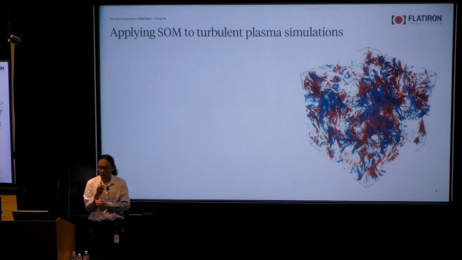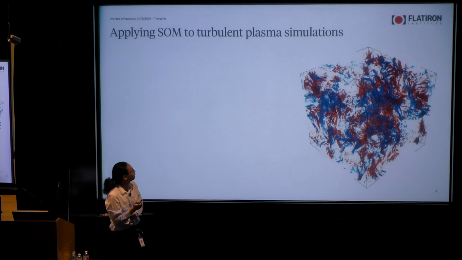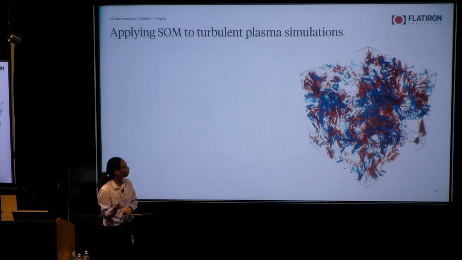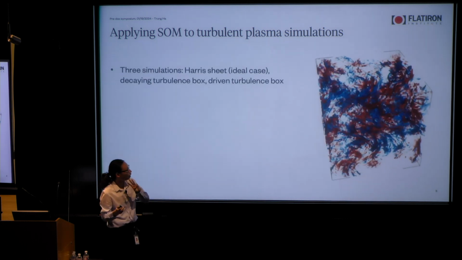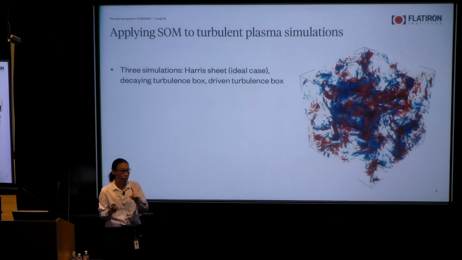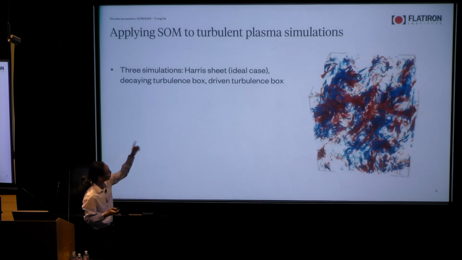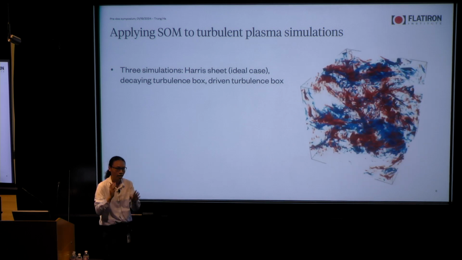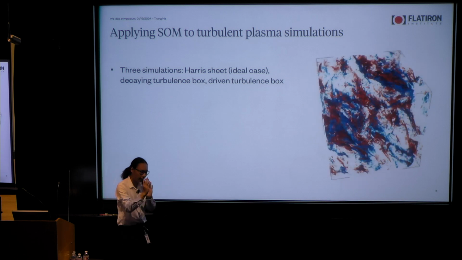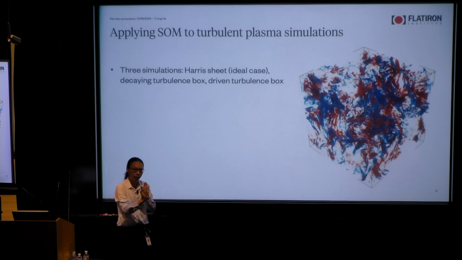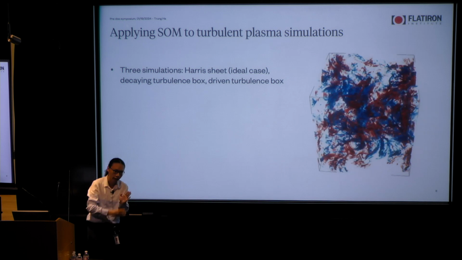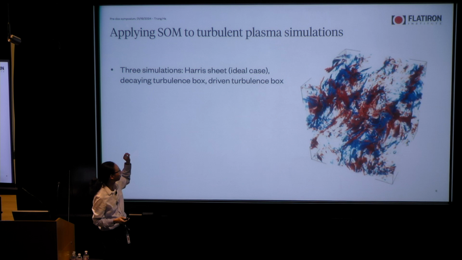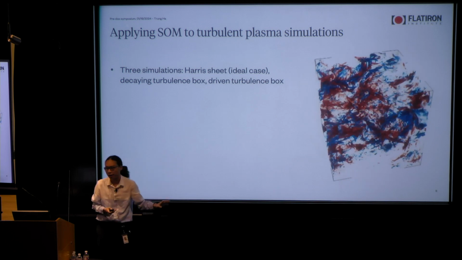Okay, so we apply this SOM method on a variety of plasma simulations. We have three training data sets. We have a Harris current sheet simulation, which is the ideal case of just two magnetic fields moving in opposite directions and one sheet forming at the interface. We also have a decaying turbulence box as well as a driven turbulence box simulation.